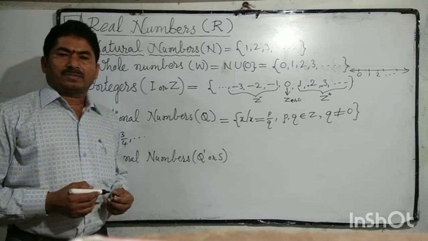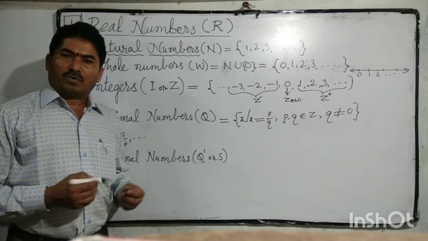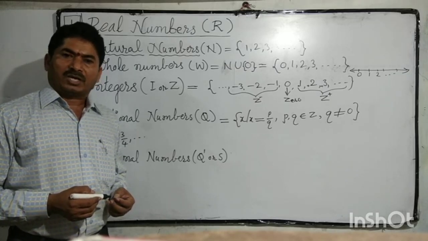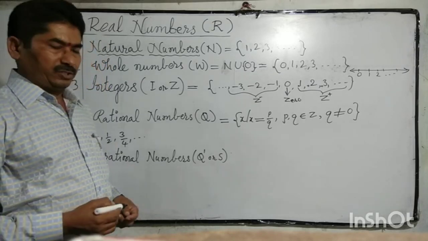In other words, if the square root of a whole number is not a whole number, then those numbers are also called irrational numbers.